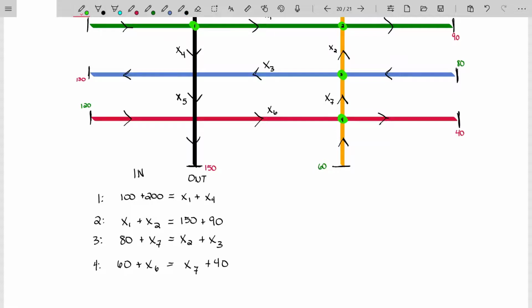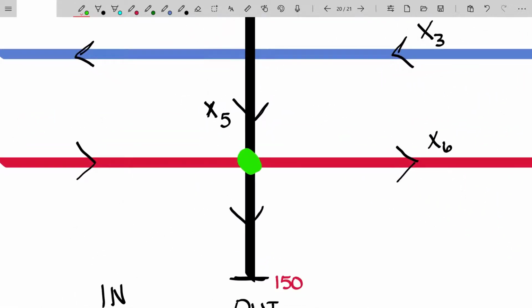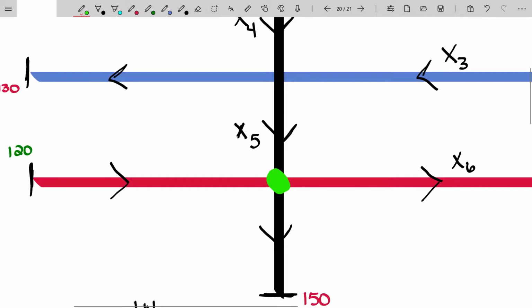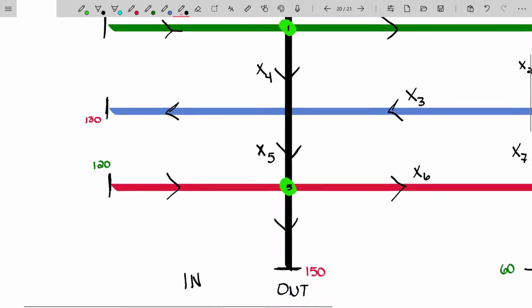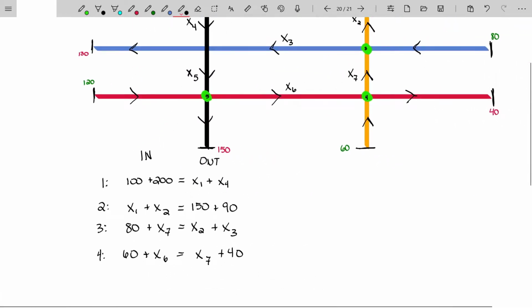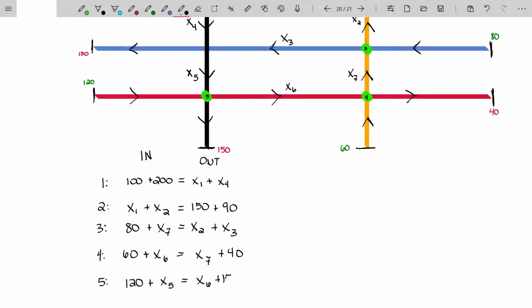And then the next intersection right here, we'll call this intersection 5. At intersection 5, going into that intersection, we have 120 from the west and X sub 5 from the north. Flowing out of that intersection, we have X sub 6 going east and 150 going south.